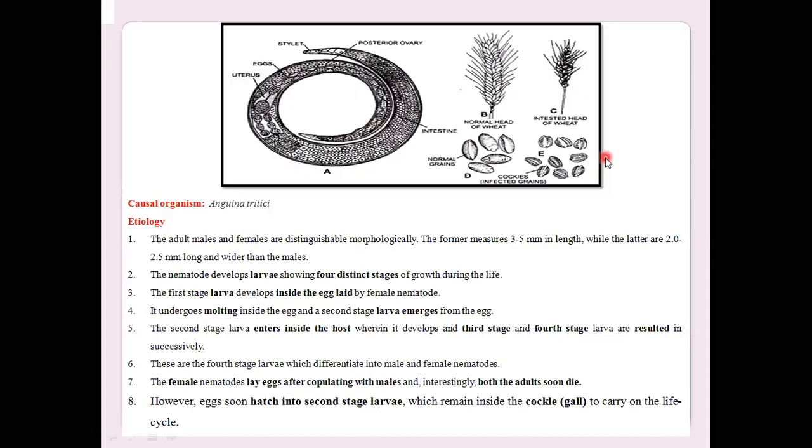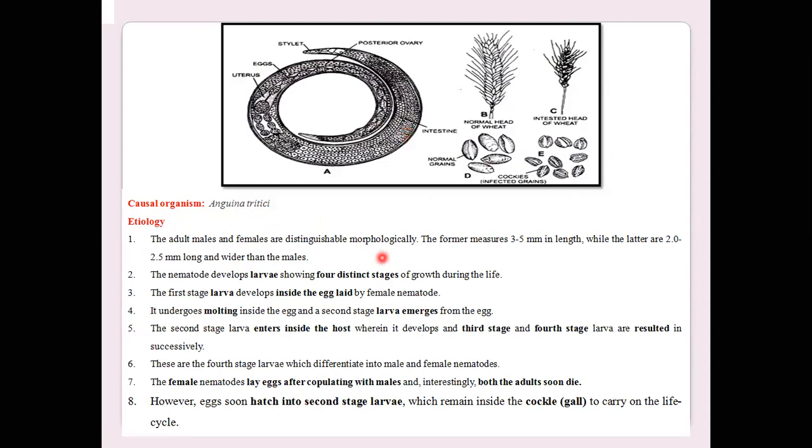Okay, then the causal organism, that is Anguina tritici. This nematode is responsible for producing such infection particularly in wheat crops. Means in this Anguina tritici, the male and female nematodes are distinguishable, means the morphological characters of the male and female are different.